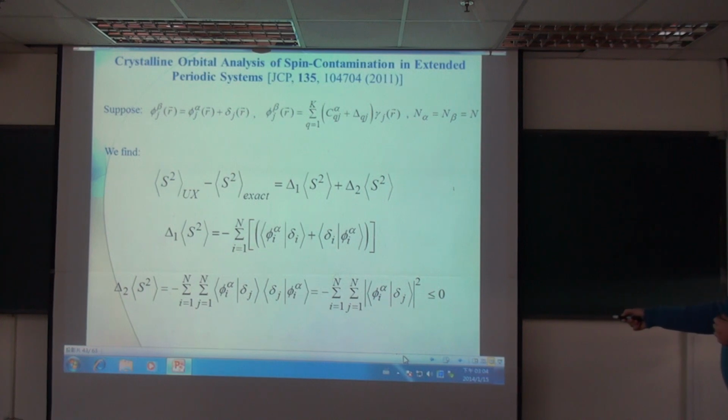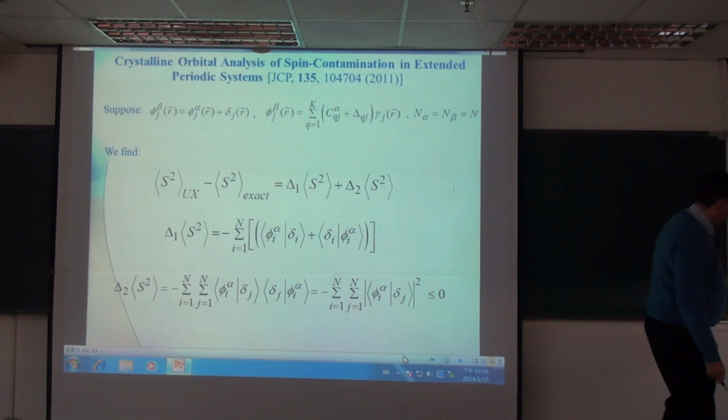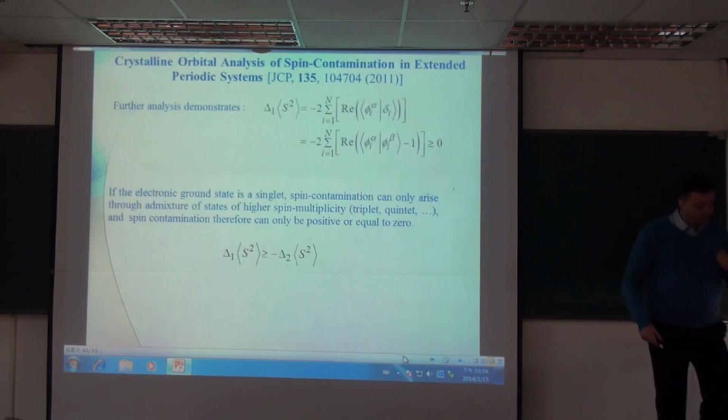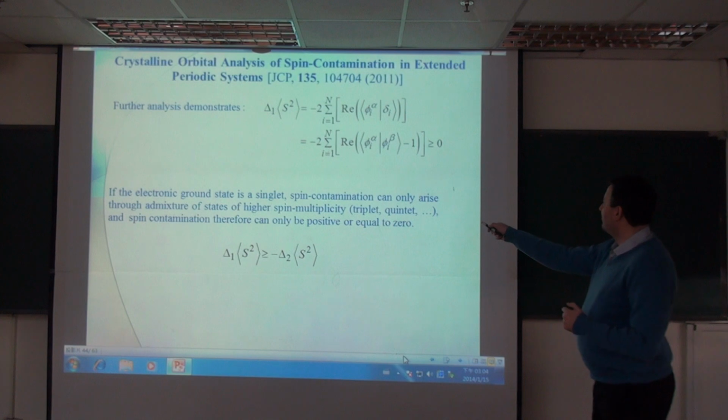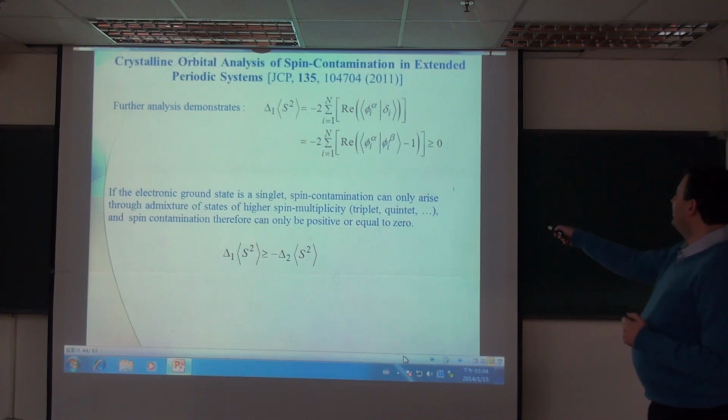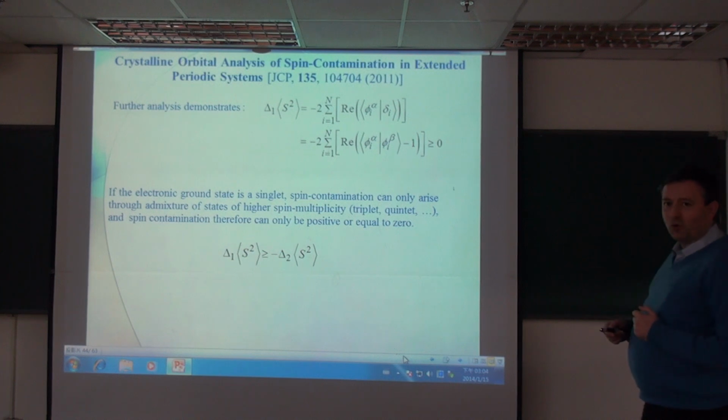And as you can see from this expression here, this quantity is obviously negative. Well, it's easy to show that the first order contribution is positive, because we get this relationship here, and obviously the real part of this overlap here is smaller than 1.